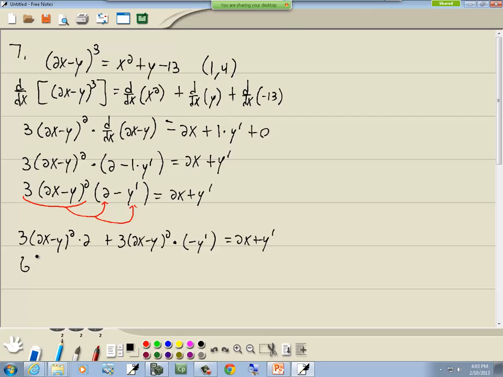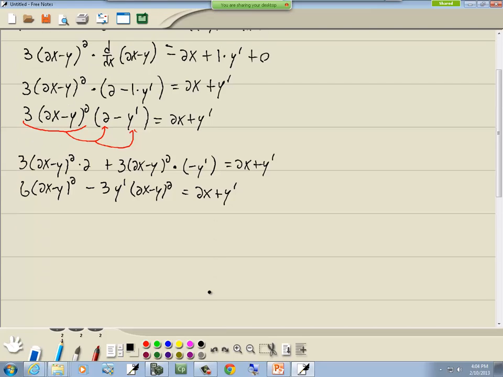So that gives us 6 times (2x minus y) squared. And then this negative, I'll go ahead and put out in front. So we got minus 3 y prime, (2x minus y) squared, equals 2x plus y prime. Let me double check this. Okay, yeah, it looks right.